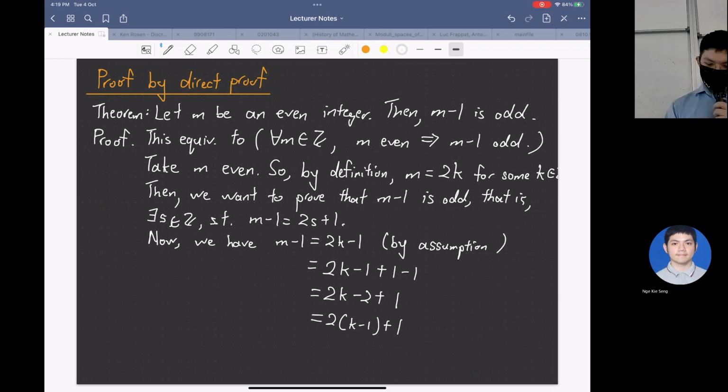What do you want to do? The left hand side. You mean this?